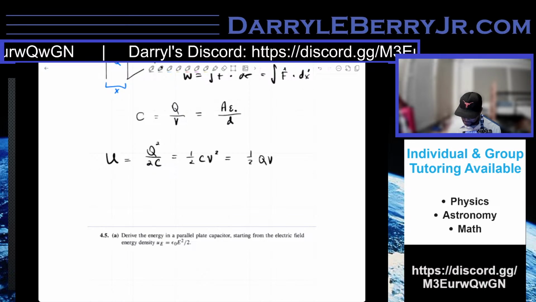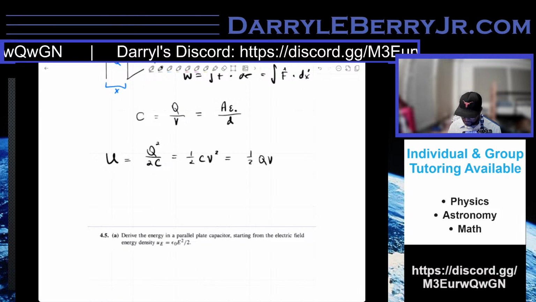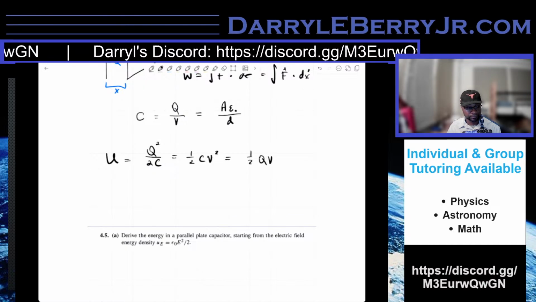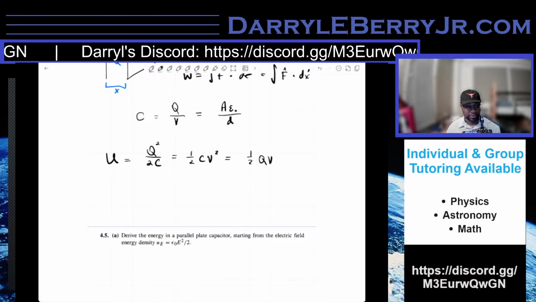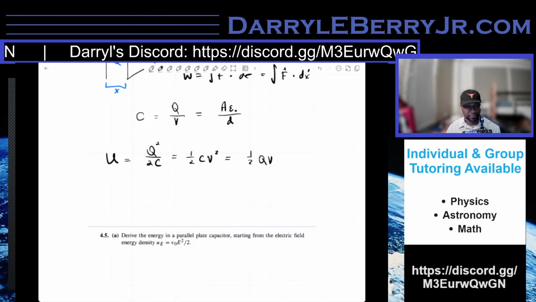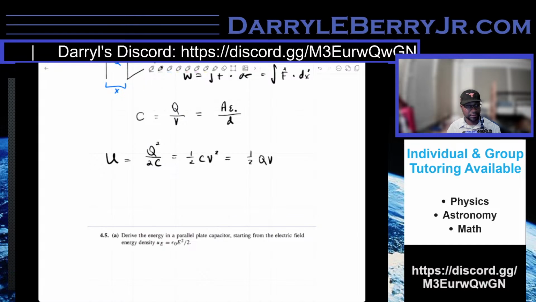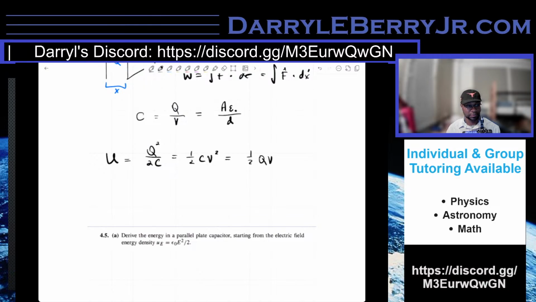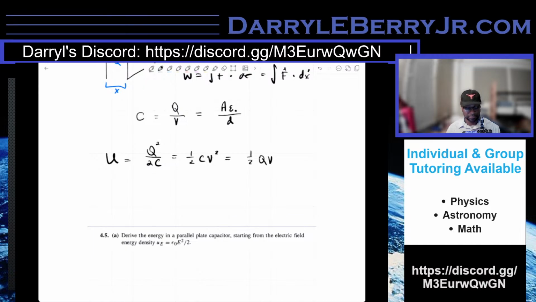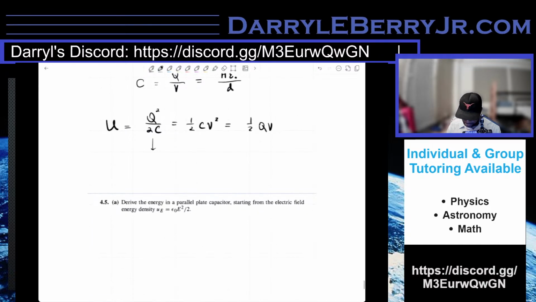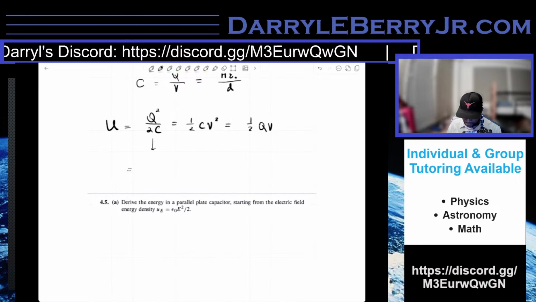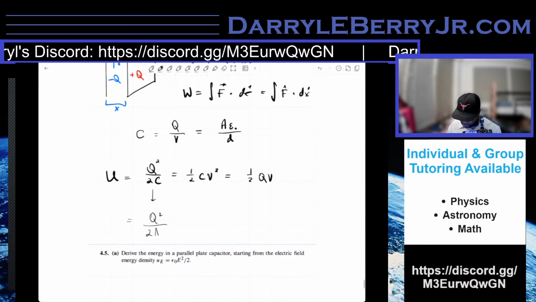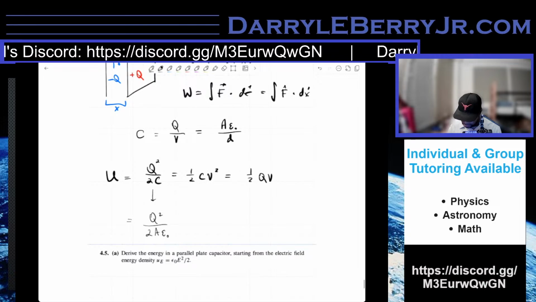C equals Q over V, so replace C with Q over V. That is 1/2 Q times V. And what we can do is substitute for this C here. So it equals Q squared over 2A epsilon naught D.